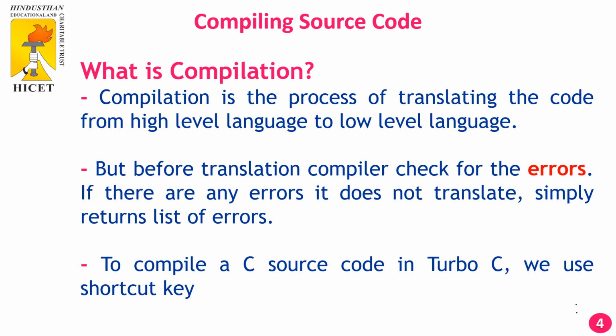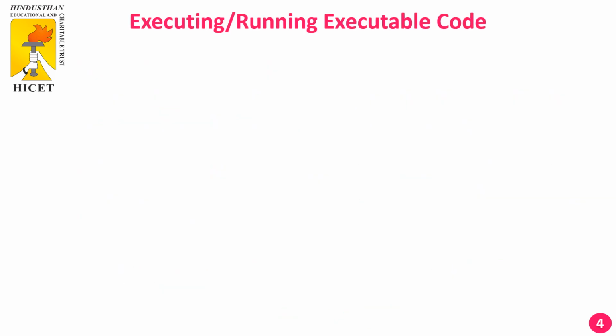It will list all the errors, and the user has to clear all of them. Once there are no errors in the code, the translation process will be carried out. To compile a C source code in Turbo C, we use the shortcut key Alt plus F9.